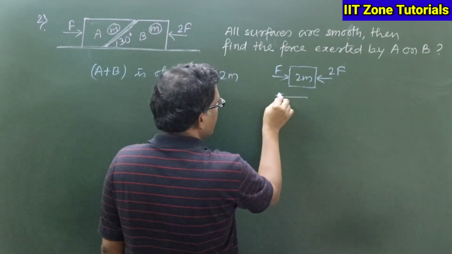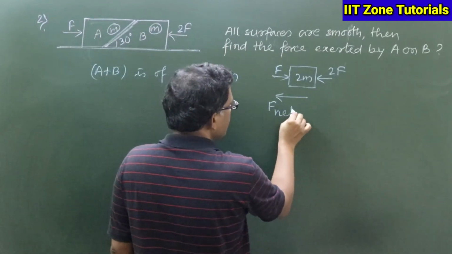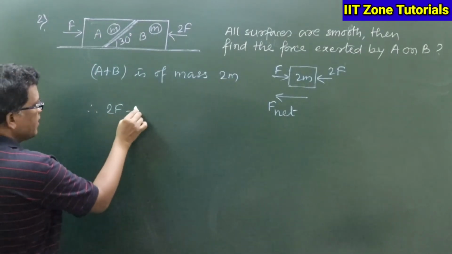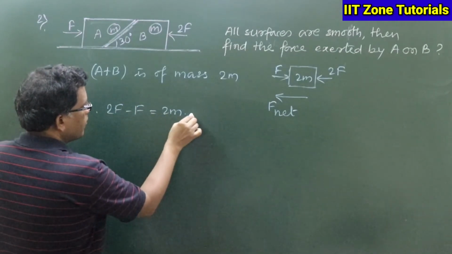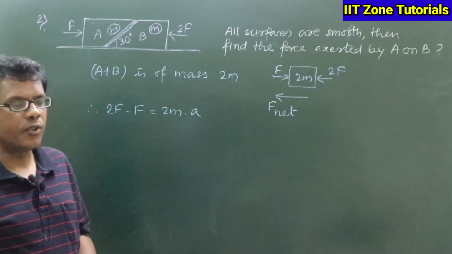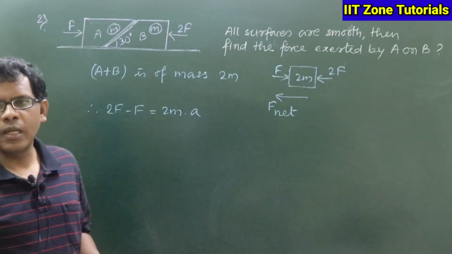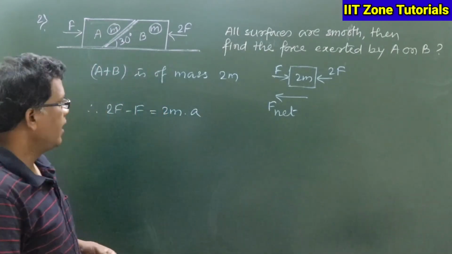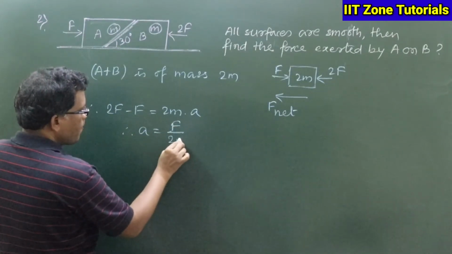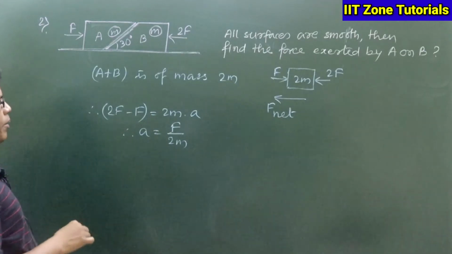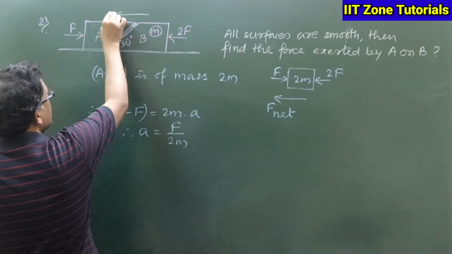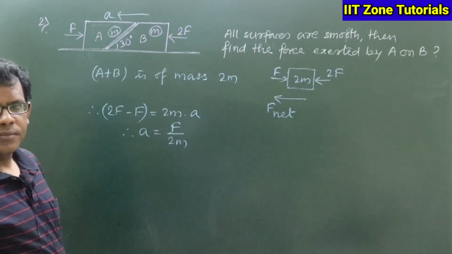So the net force will act in this direction, right? The net force, 2F minus F, acting on 2m will bring acceleration. Whenever unbalanced forces act on a single body or system of particles, it will bring acceleration. So that acceleration will be F by 2m, because 2F minus F is F. Undoubtedly the acceleration on the system will develop in this way, right?